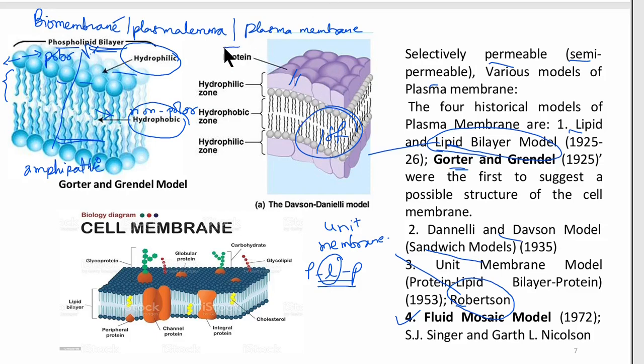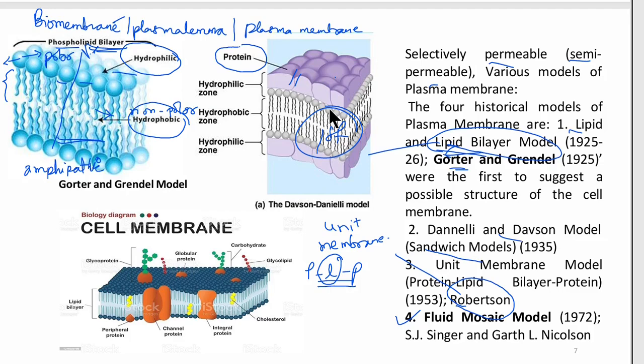At the upper point there is protein, the globular protein and absorbed protein. They were the first to attempt to describe the membrane structure in terms of molecules and to relate the structure to the biological and chemical properties.